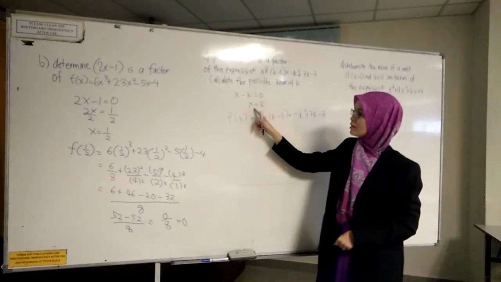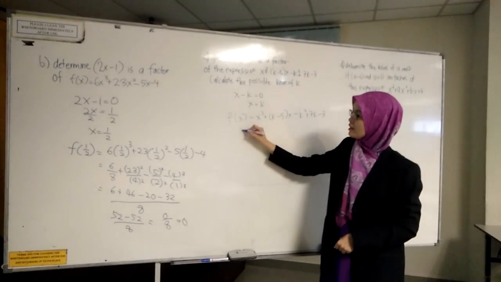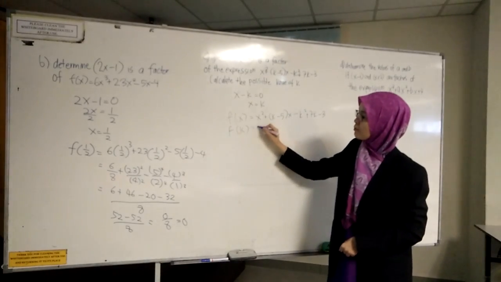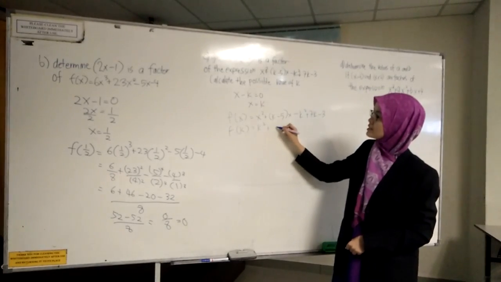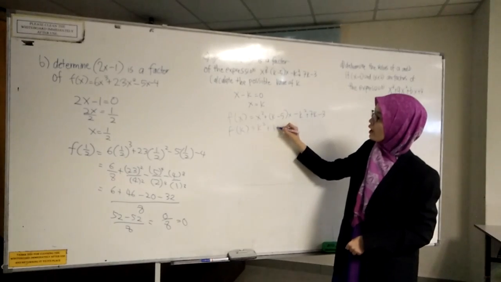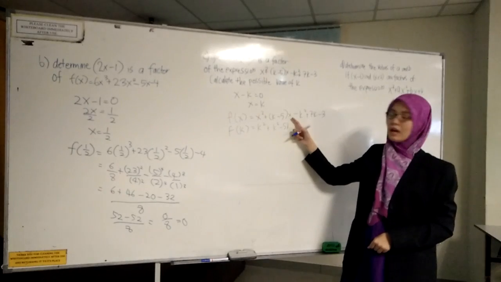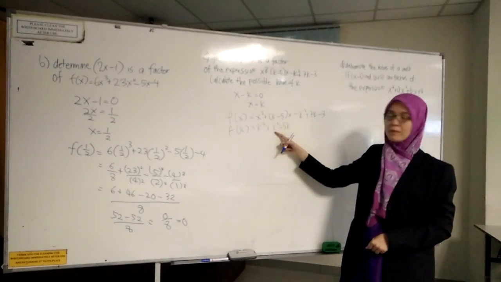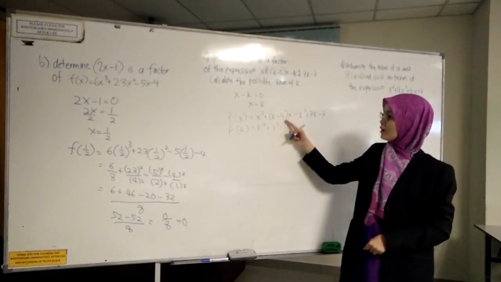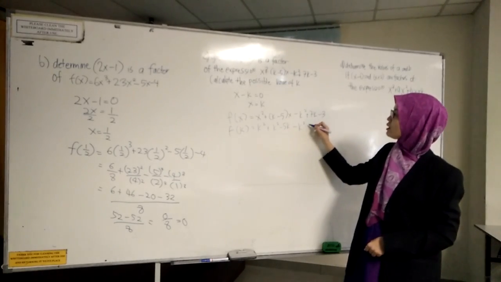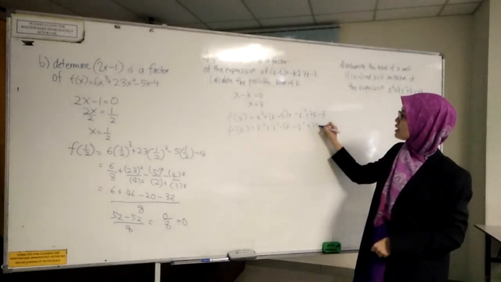Okay, we substitute x inside here. Sorry, x which is k. So you will get k squared plus k squared minus 5k, which means I substitute k here, I multiply k times k, which gives k squared. 5 times k gives negative 5k, minus k squared plus 7k minus 3.